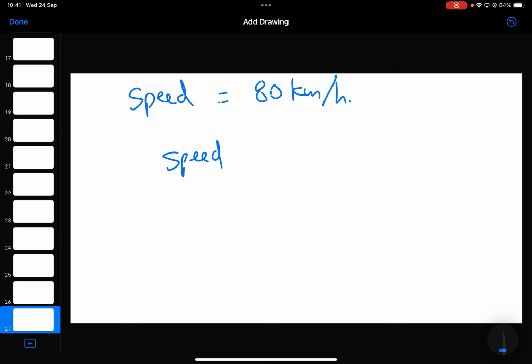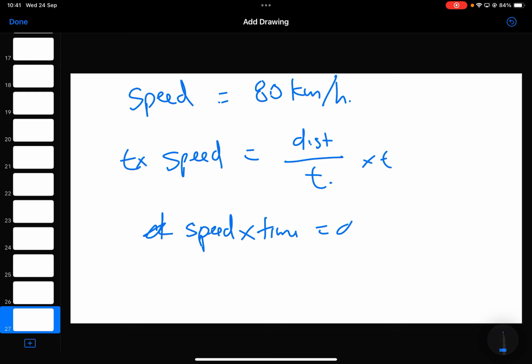Kilometer is a distance, hour is a time. So from there you know already, speed is distance divided by time. Then if I want distance, I don't want T at the bottom, I multiply by T, and I get speed times time is my distance.